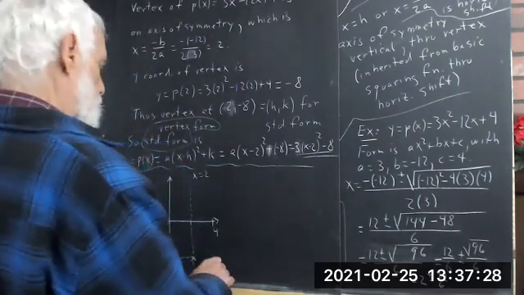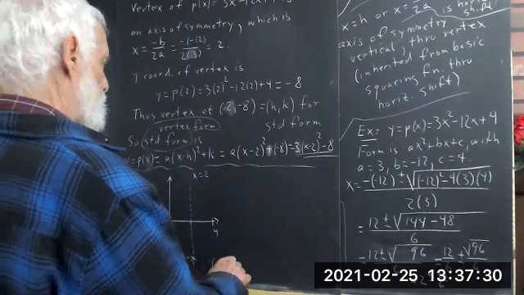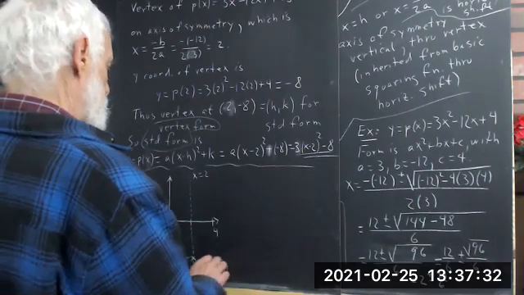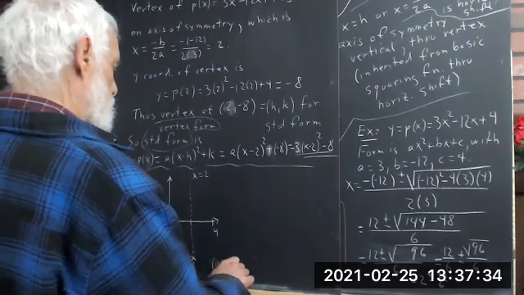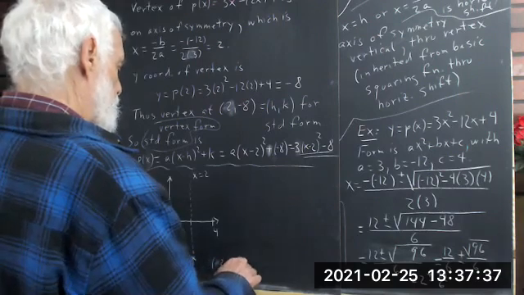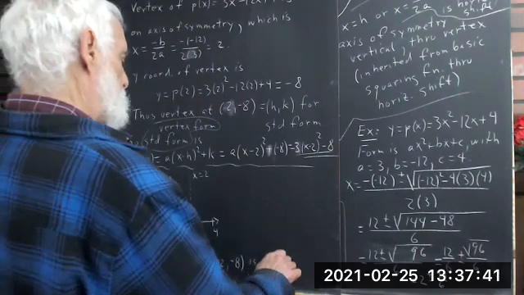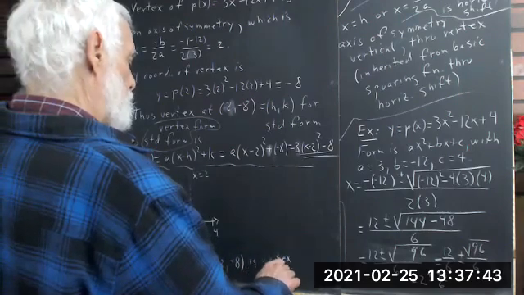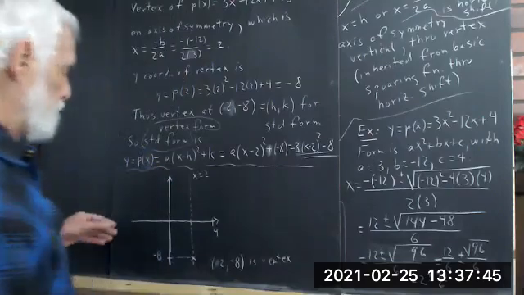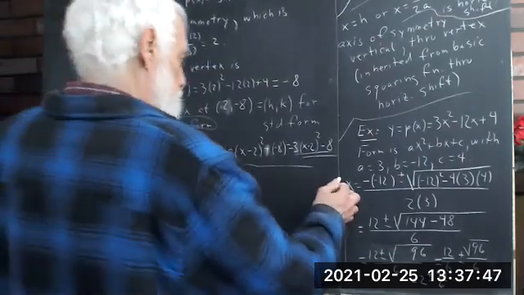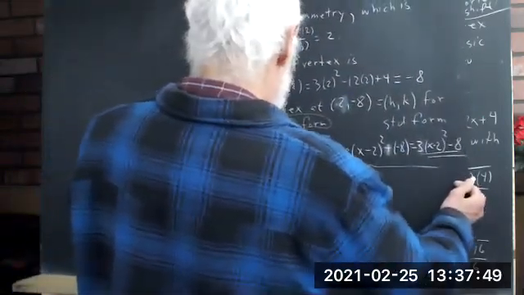So here's the vertex. 2, negative 8. Here's your vertex. Let's get this board over here a little further, be able to see it better.